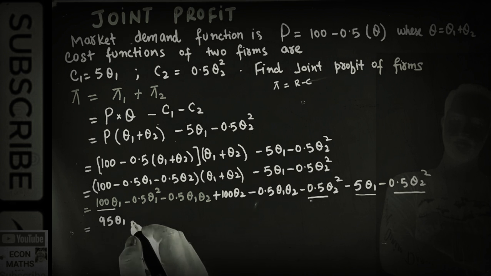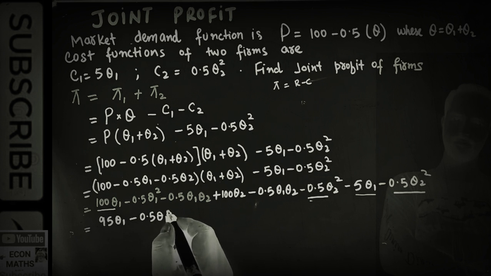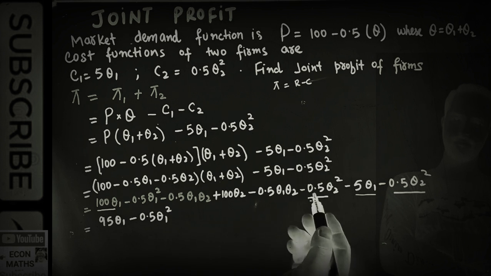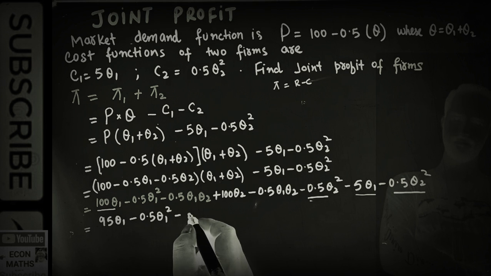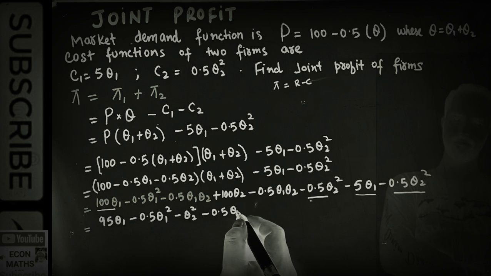Let me write it here. Then we have minus 0.5 Q1 square. Then minus 0.5 minus 0.5 is minus Q2 square. Then we have minus 0.5 Q1 Q2, and minus 0.5 Q1 Q2.